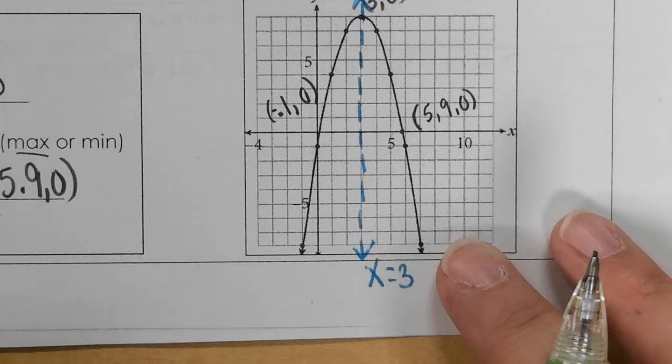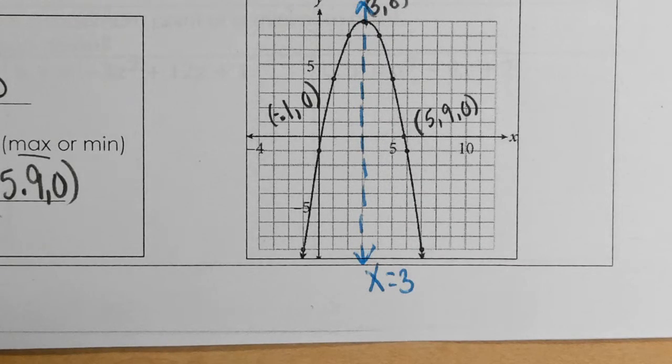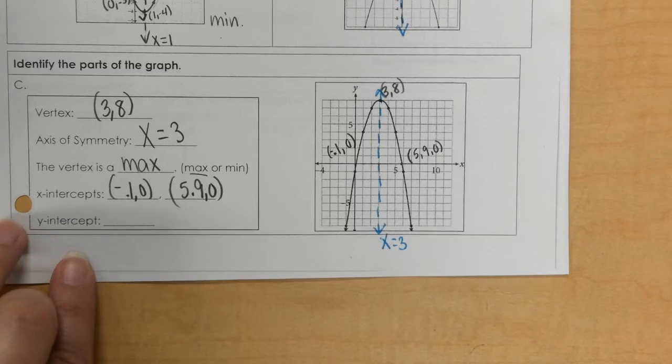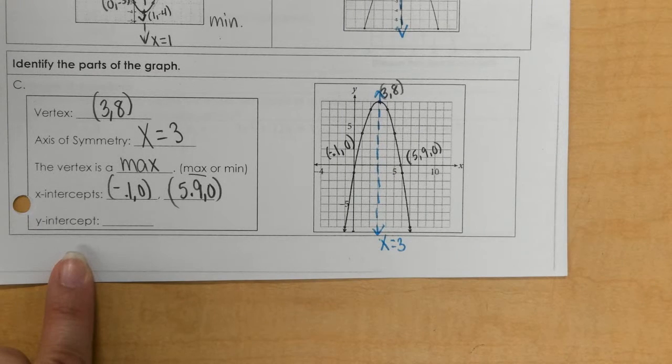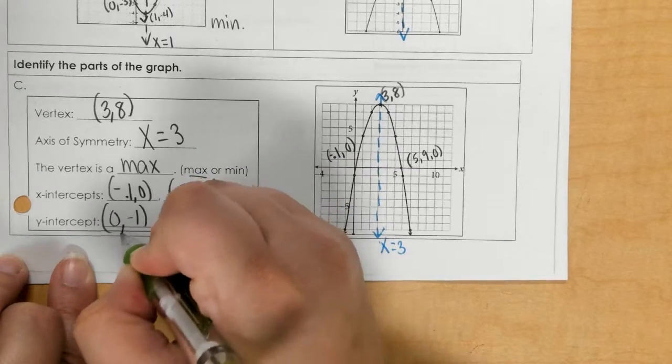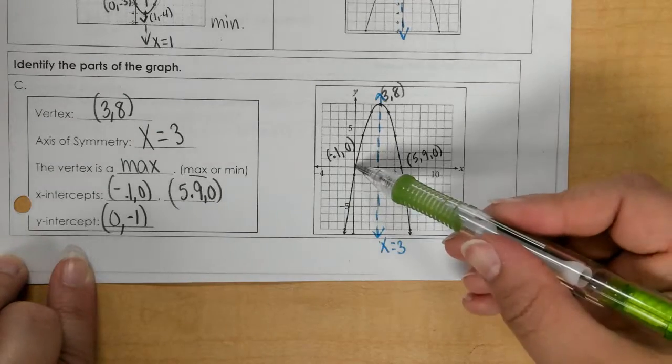And then the y-intercept, oh, let me back out here. So I went ahead and listed those there. And then the y-intercept is (0, -1). So right there, (0, -1).